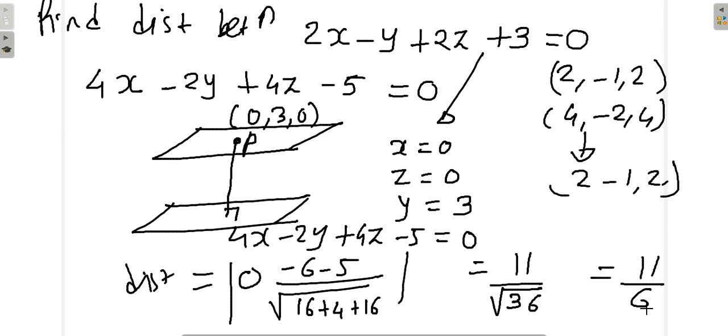Now we'll do some complicated problems on locus. Some complicated problems on locus we will do. A variable plane which is at a constant distance 3p from the origin.